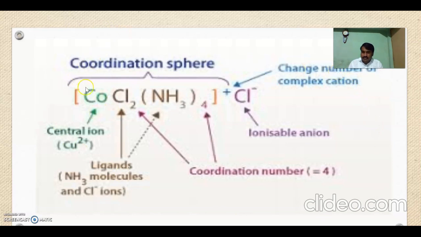For example, the inside of this square bracket is called the coordination sphere. The cobalt is the central ion, and this chlorine and this ammonia are directly attached to the cobalt, so they are called ligands. The total number of ligands is this chlorine and these 4 molecules of ammonia, 4 plus 2, so the coordination number is equal to 6.